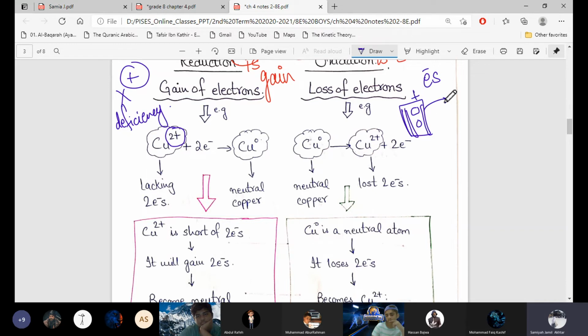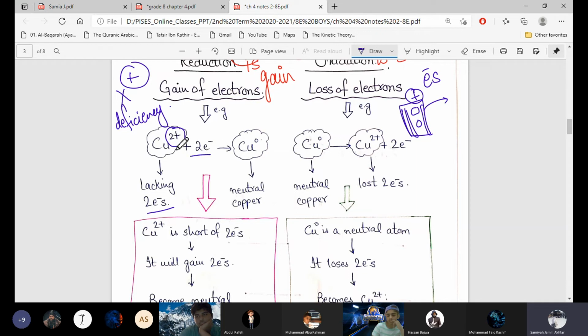The plus sign means I now have a deficiency of a ruler. I need the ruler to complete my set. So if anything is positive, it has a deficiency of electrons. Copper 2 plus means copper is lacking 2 electrons, so it needs 2 electrons to complete itself.